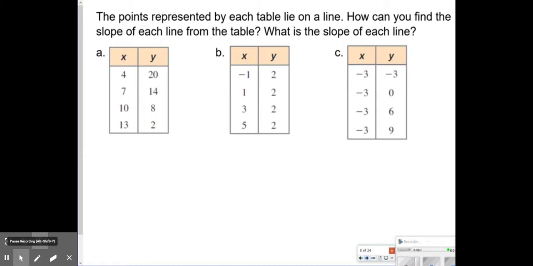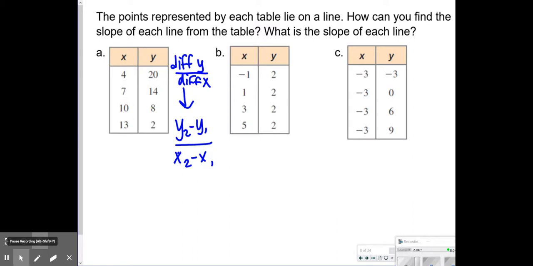The next thing we're going to look at is whenever we have points represented in a table, and we're trying to find the slope for that. Remember when you first wrote down number 1, you wrote down this little example, y2 minus y1 over x2 minus x1. And this would just be the difference in y over the difference in x. Okay?